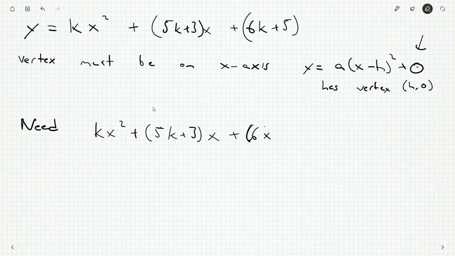Oops, 6k. So we need this to look like a(x minus h) squared. And this actually isn't going to be that bad. I'm going to expand this out.